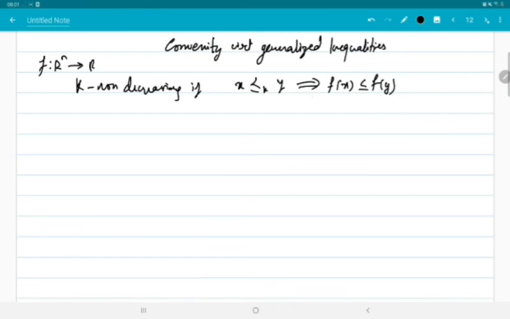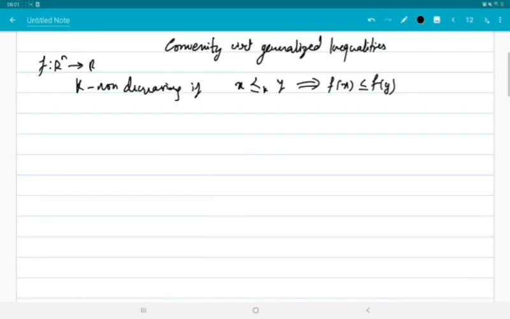So if this happens, then we say that f is K non-decreasing. Basically this is some ordering, and we take two components and calculate the functions. If the functions follow the same order, then they are non-decreasing.